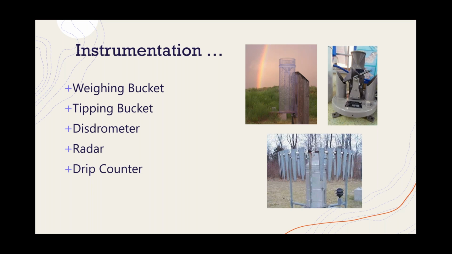We'll talk about some of those. Disdrometers, radar, and for radar, I'm not talking about the radars the National Weather Service is using, but rather sensors that mount out at your gauge, and they use a radar beam to look at the rainfall happening around them and measure that. And then the drip counter is a newer technology that some of the instruments are using.